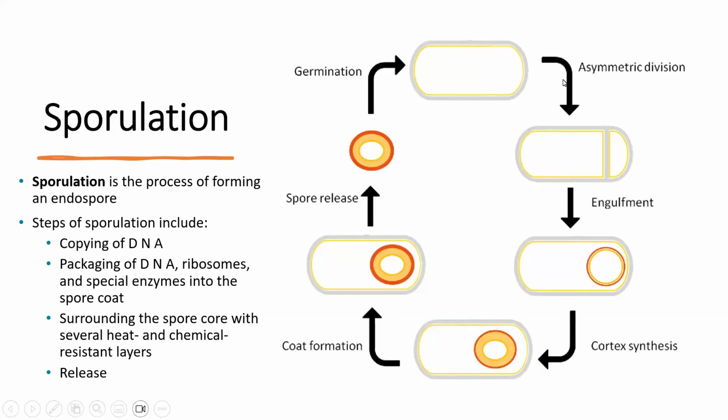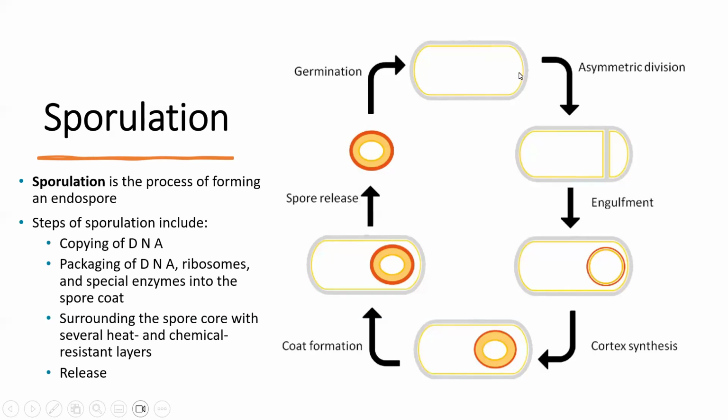And so that cycle of sporulation looks like something like this. At the top, you have your cell, and when the conditions are bad, and if it's able to sporulate, it's going to start by copying its DNA, then packaging that DNA and its needed stuff like ribosomes into its spore coat.